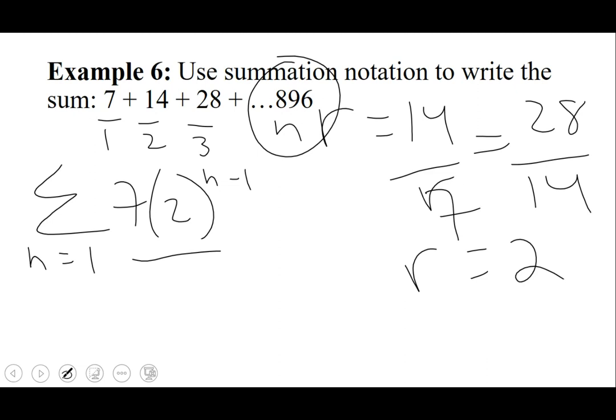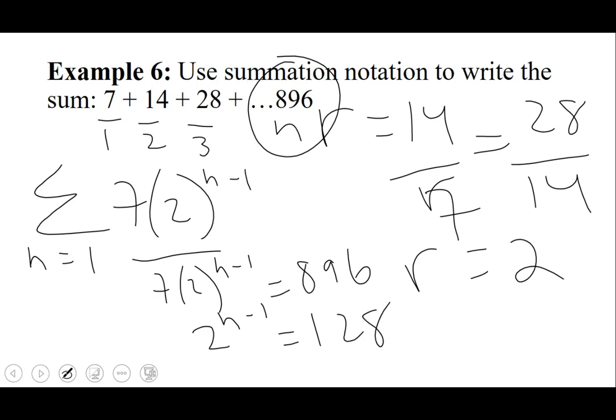If you want to do it more formally, you would take your equation, 7 times 2 to the n minus 1. And I know you would never try to multiply 7 times 2 and get a 14. That's not a thing. And you would set it equal to 896. You could then go ahead and divide both sides by 7. So that would give you 2 to the n minus 1 is equal to 128.